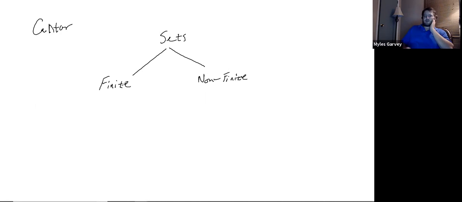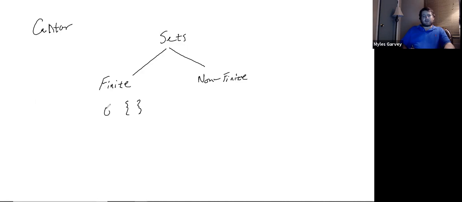Now, in terms of finite, these are easy things to think about when we talk about the size of a set. When we talk about finite, we just simply mean, how many elements, counting-wise, are there? So if I were to write, let's say, this, how many elements are in this set?